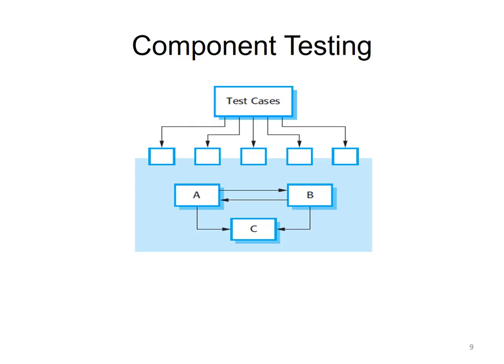Some general guidelines for interface testing are: Number 1. Examine the code to be tested and explicitly list each call to an external component. Design a set of tests in which the values of the parameters to the external components are at the extreme ends of their ranges.